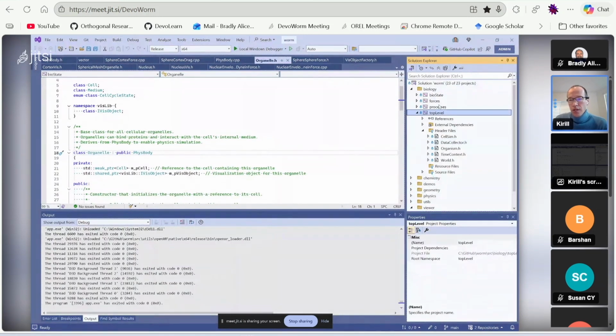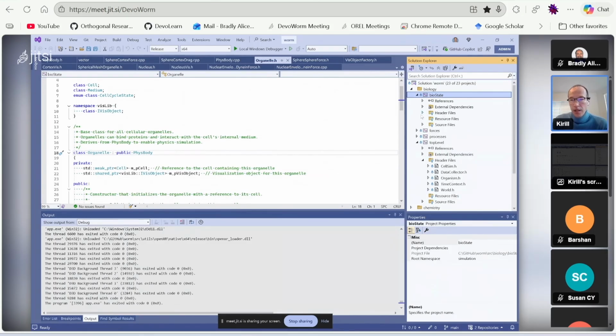Then the logic here is that we have biostate. This biostate project basically contains the state of all biology. The idea is that I separate the state from the processes that occur in the cell. In this folder, biostate, I try to have a very small amount of functions.